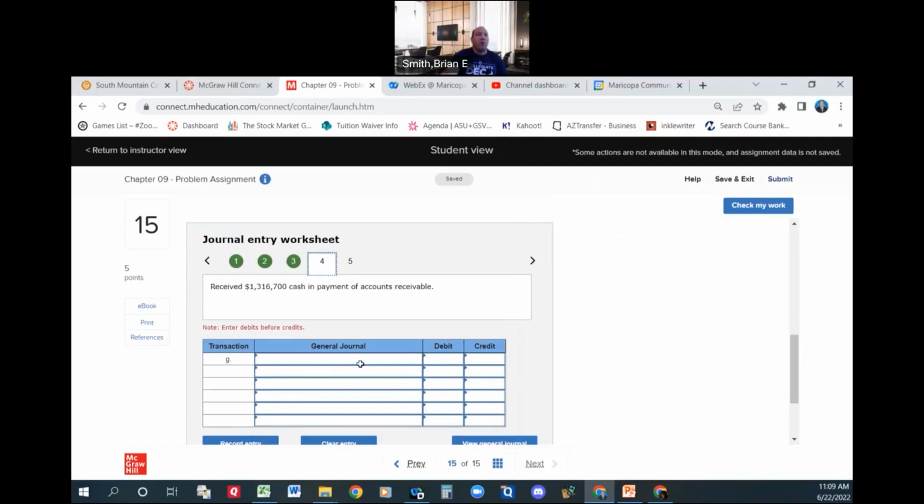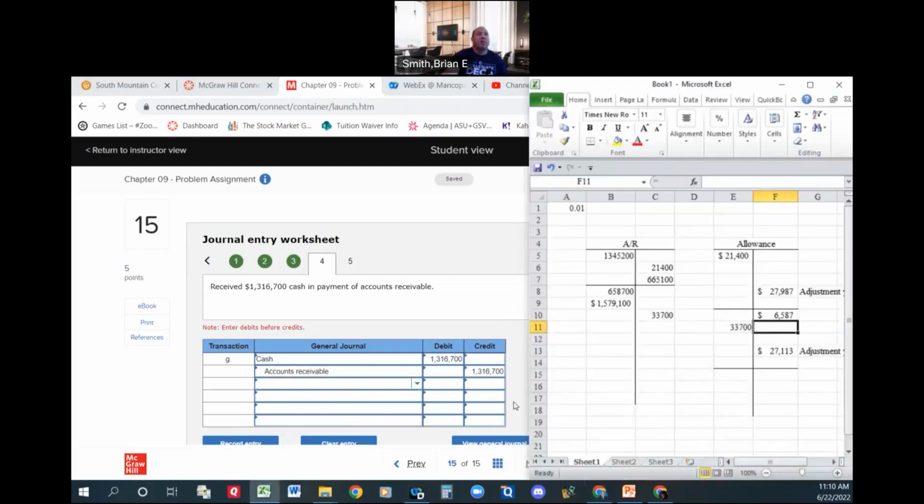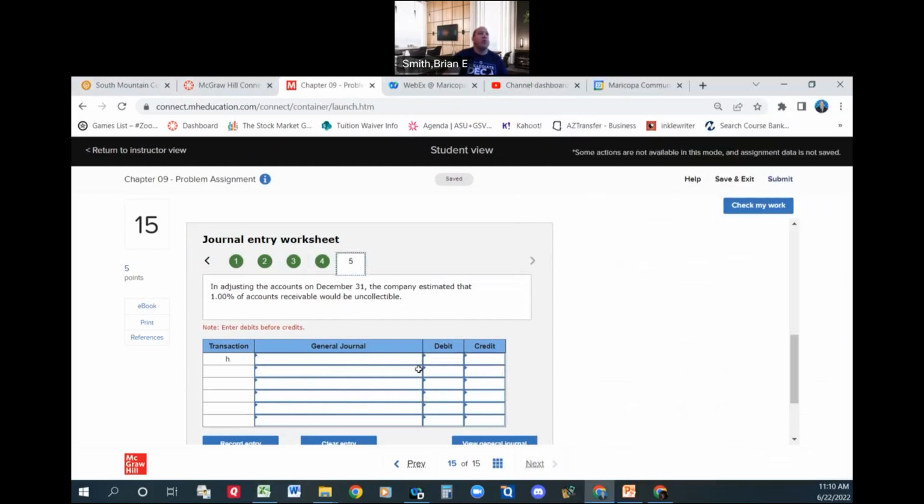Okay, we received payment. So we're getting some cash. And we're going to credit the accounts receivable because accounts receivable is no longer owed. They paid us. Let's update our accounts receivable. And then the last one is 1% is collectible.